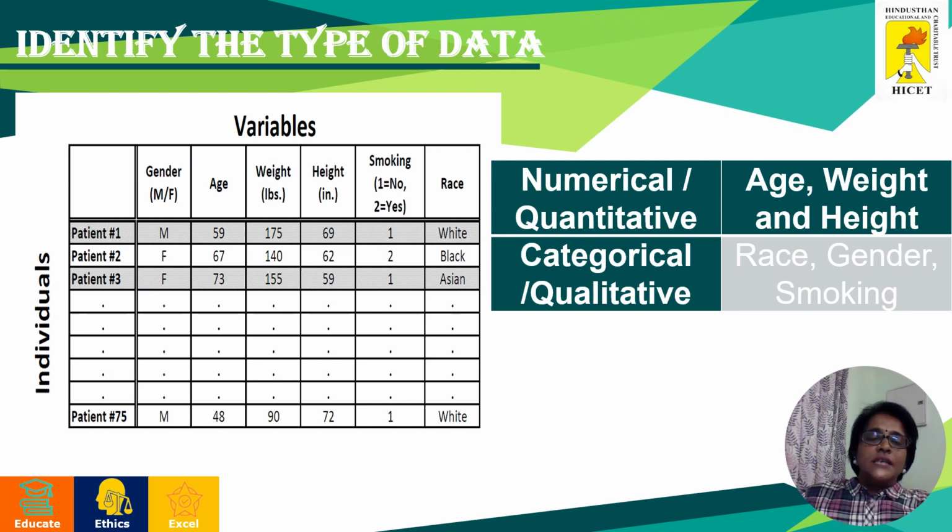Smoking, even though it gives a value of 1 or 2, is still not going to be numerical data, because here 1 represents no and 2 represents yes. So smoking is defined as categorical data here, and the race is going to be categorical data.